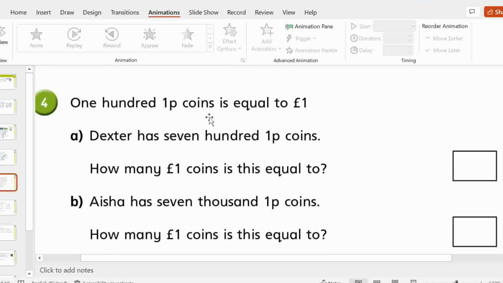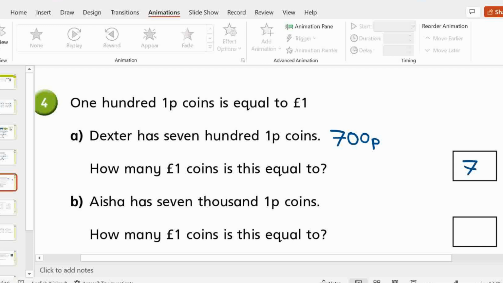100 1p coins is equal to £1. Yeah, you know that. Dexter has 700 1p coins. So it's 700p in other words. How many pound coins is this equal to? 7. Good. 7 pounds, because in each pound coin, there's 100 pence.